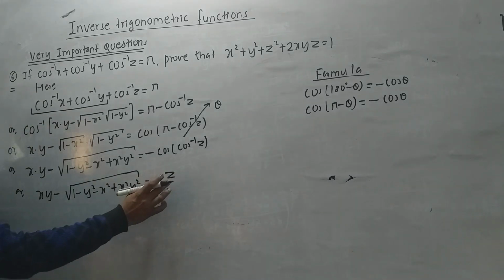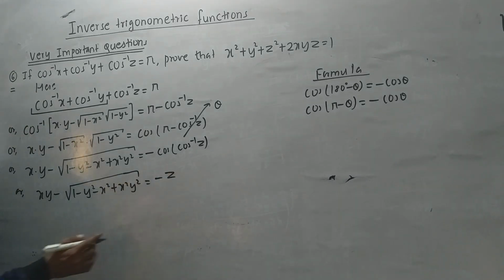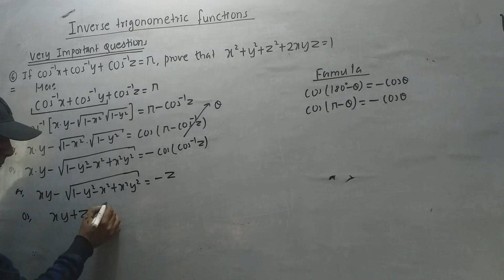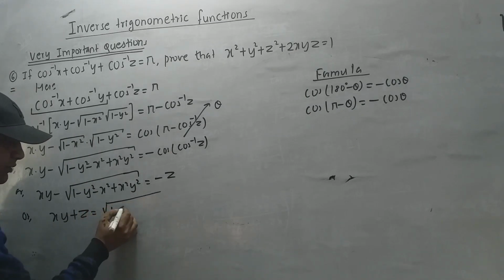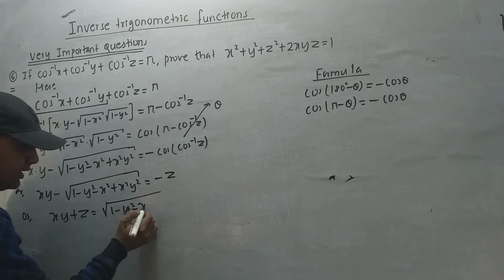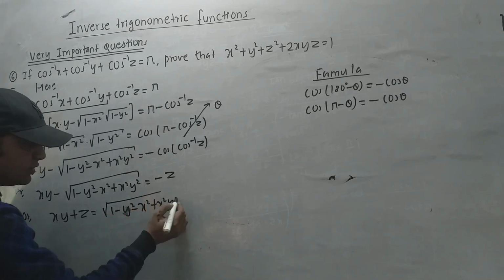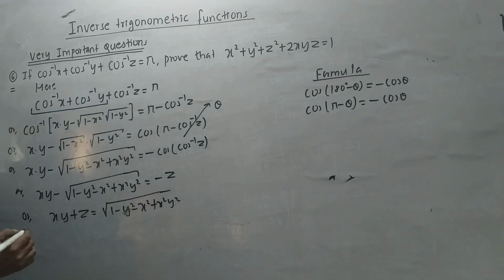Now for squaring on both sides, you take this minus z to the left hand side, so xy plus z is equal to under root of 1 minus y square minus x square plus x square y square. After that you do squaring on both sides.